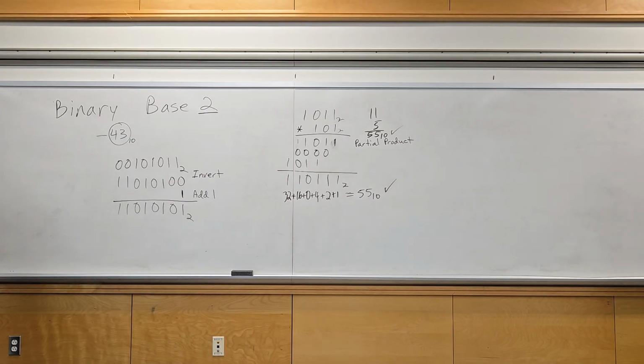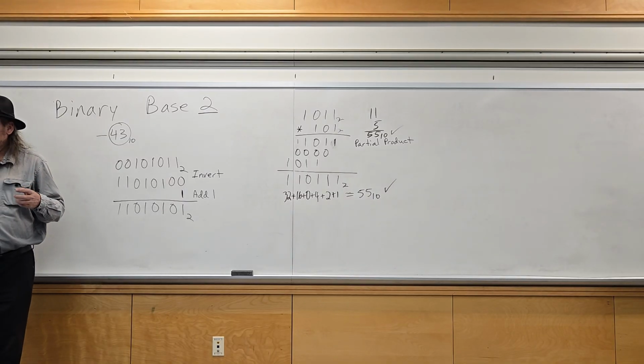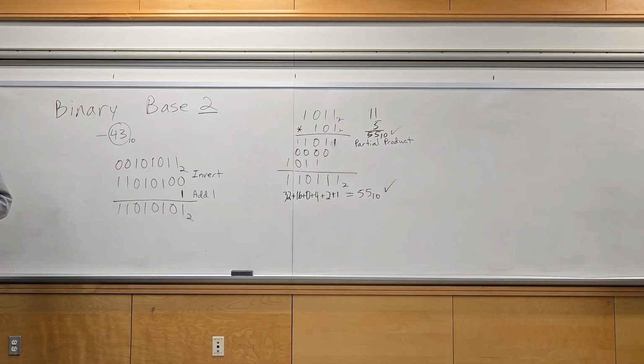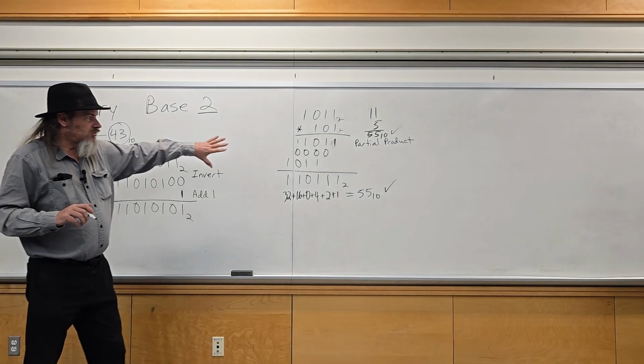So the method of multiplication is the same as decimal. It's just ones and zeros. You don't need leading zeros.